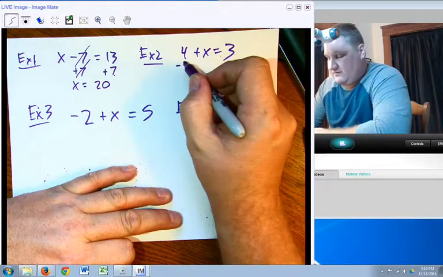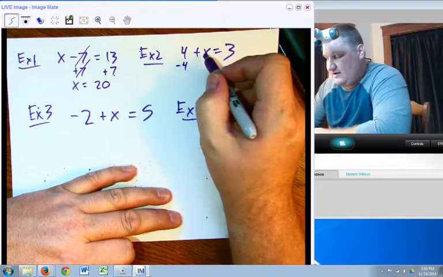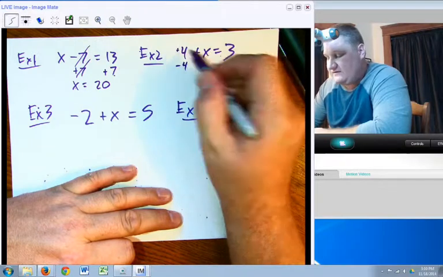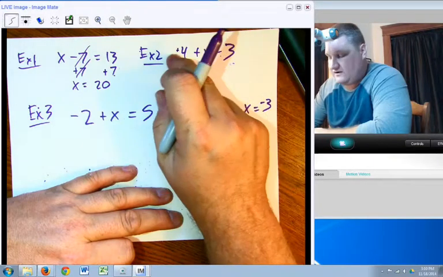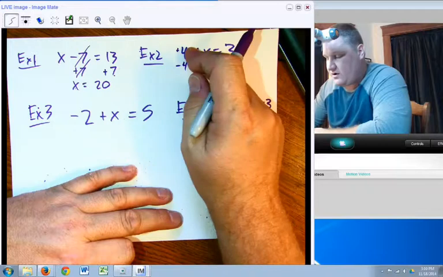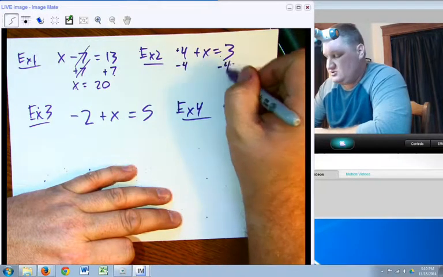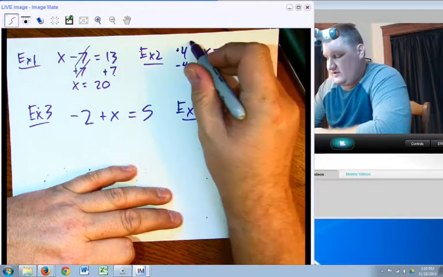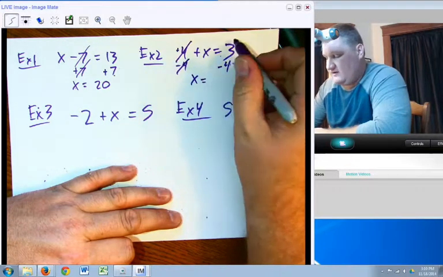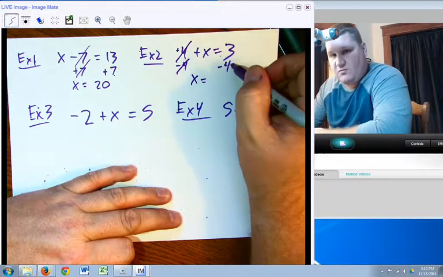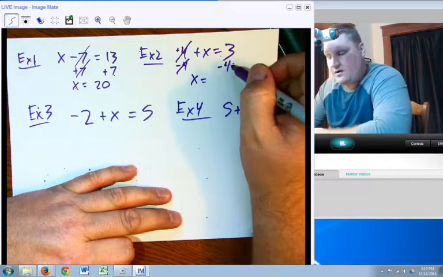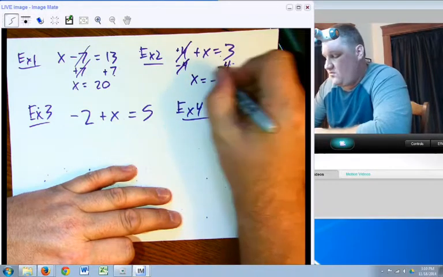To get rid of that, I'm going to say, well, wait a minute, how do I get rid of a positive 4? Because see, the kicker is there's a secret positive there, positive 4. I would subtract it. But if I do it to one side, I must do it to the other. These go away. x equals now 3 take away 4 is actually going to give me a negative number. It's going to be negative 1.